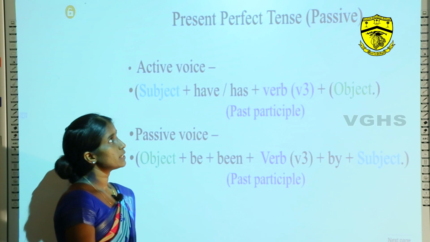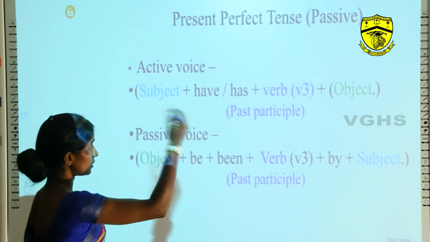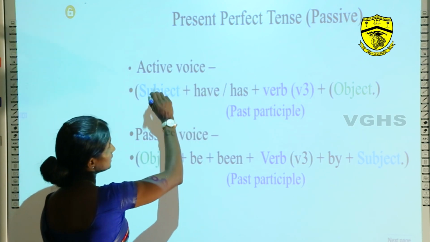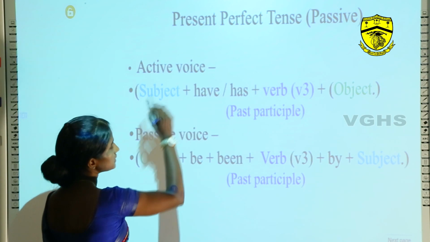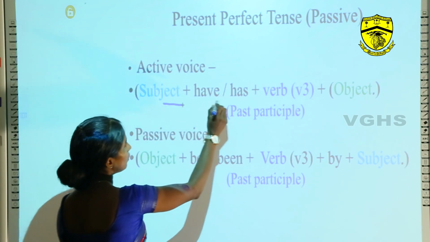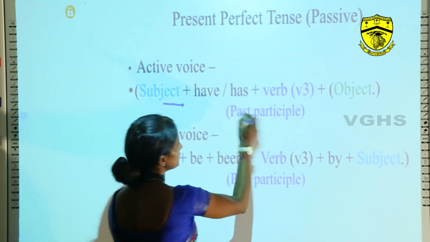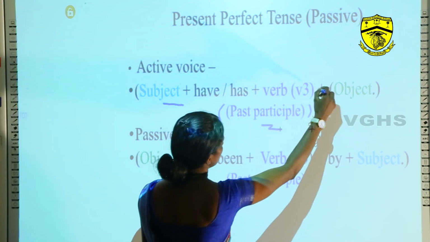Today we are going to study the present perfect tense passive. In the present perfect tense active voice, the sentence formation is subject plus have or has plus verb 3, that is the past participle, then object.